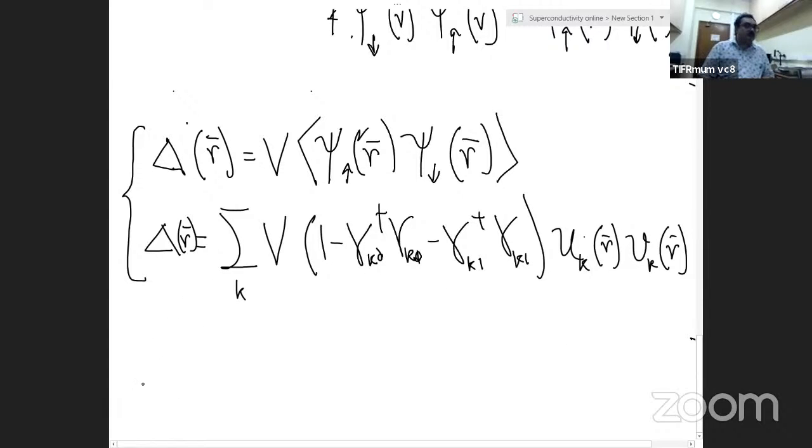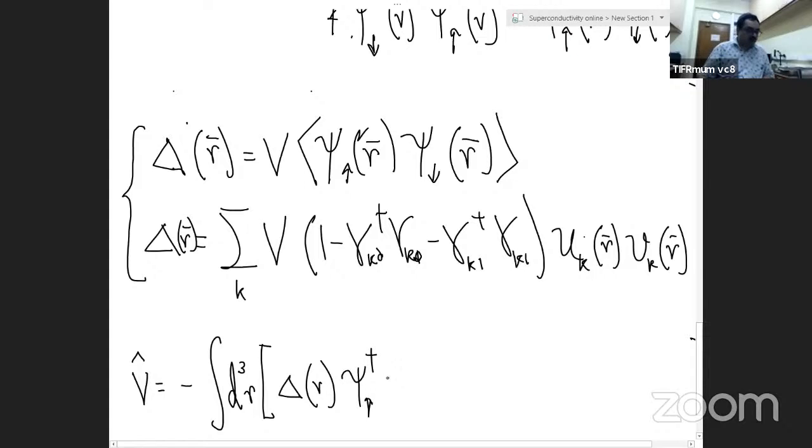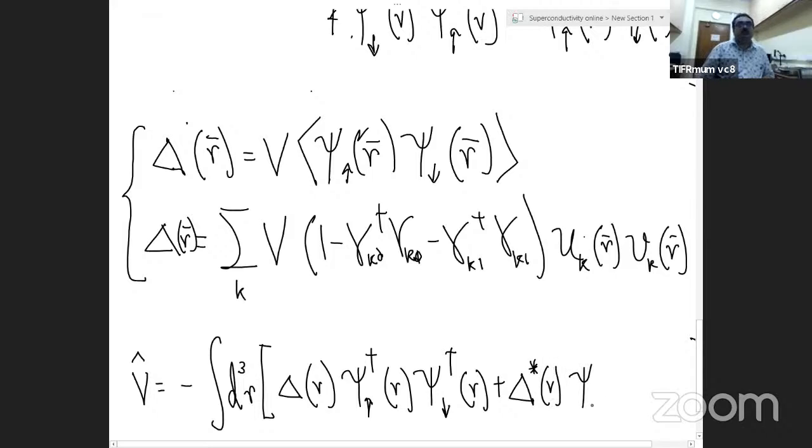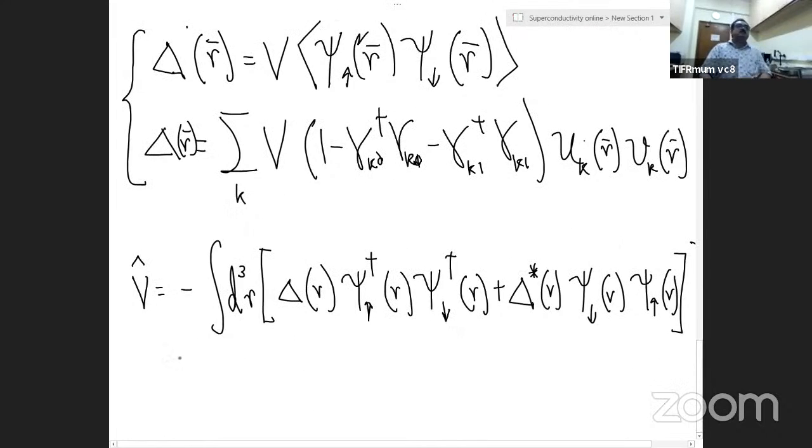All right, so with this, V becomes minus the integral d cube R of delta R psi up dagger R psi down dagger R plus delta star, and then here I have psi down of R and psi up of R. So this is the mean field approximation.